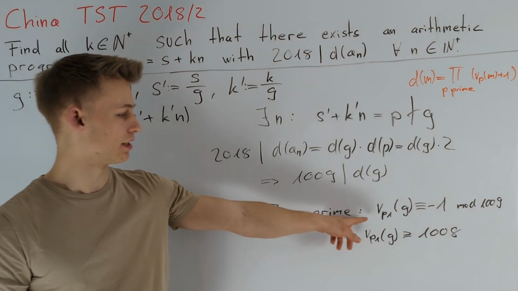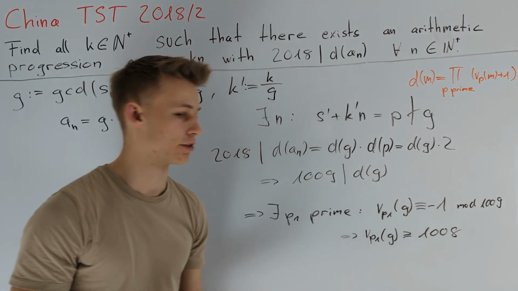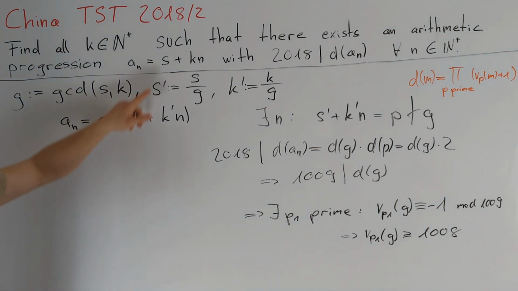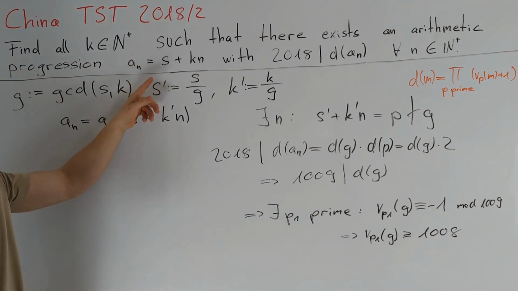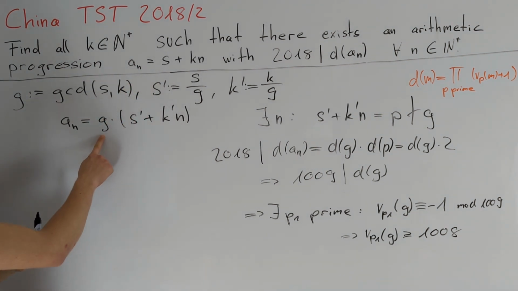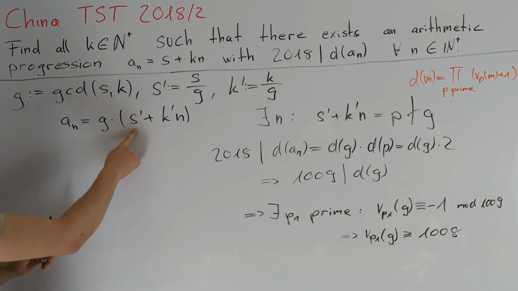Since this congruence, that nu_p1(g) is congruent to minus 1 modulo 1009, should be true, it's a reasonable choice that we choose s in such a way that nu_p1(s) is exactly 1008. Then we have that nu_p1(g) is exactly equal to 1008, and s' is not divisible by p1.